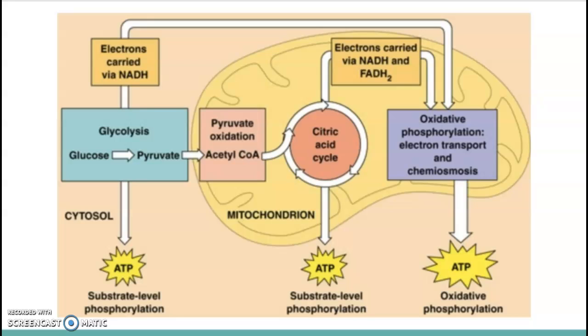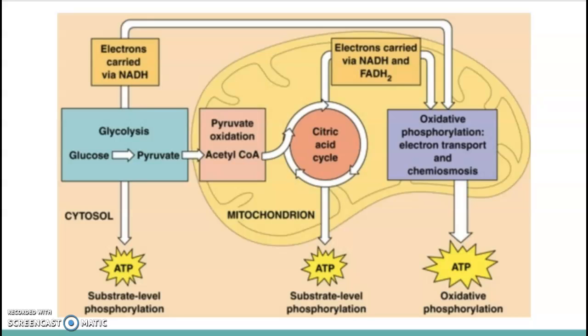Now the third step, which is the electron transport chain, is still located in the mitochondria. In this process, electrons are transferred from the NADH and FADH2 to electron carriers, which creates a proton gradient, which powers ATP synthase. This enzyme takes phosphates and adds them to ADP, and when a phosphate is added to ADP, it finally makes ATP.